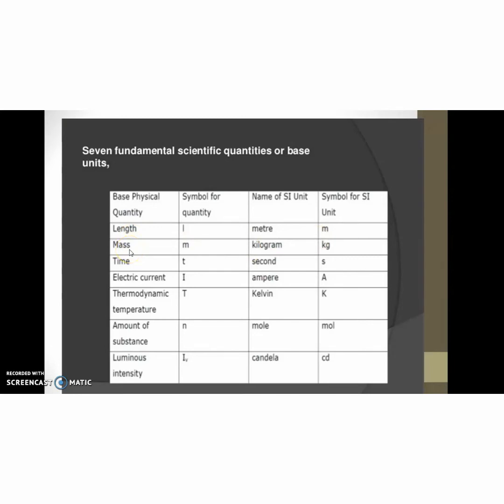Second physical quantity is mass. M is the symbol, and in SI unit it is measured in kilogram, that is kg. Time, we use the symbol T, and in SI unit it is second, and the symbol is s.